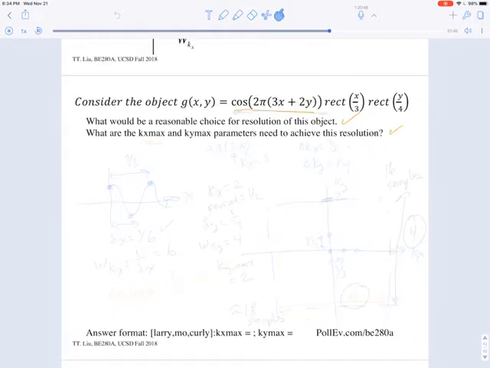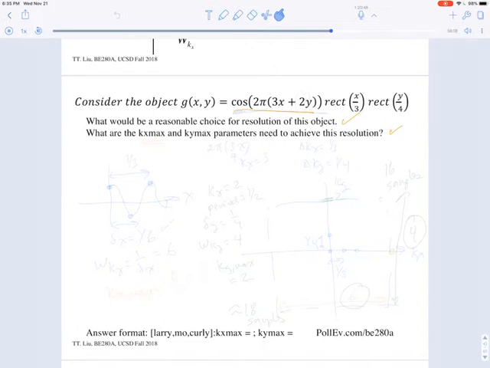Let's take a look at this. Let's draw our object again. We have X and Y, and we know it has this FOV, 3 in this domain and 4 in that domain.